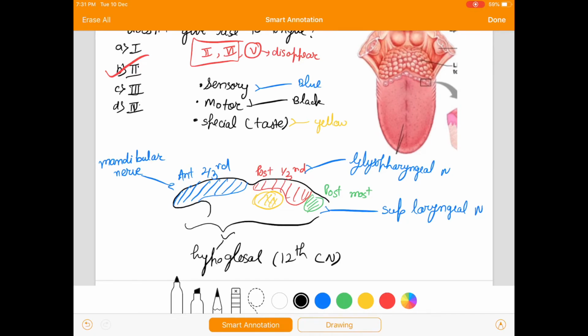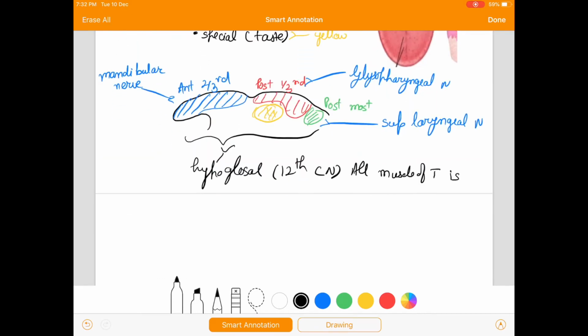This is because all muscles of tongue are derived from occipital myotomes.